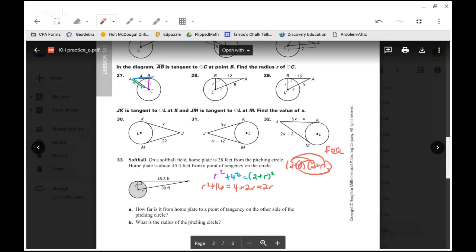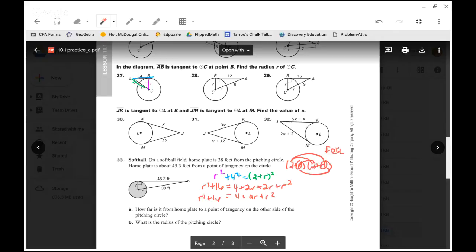And then last is these R's, so R times R is R squared. So now if we combine that, we have 4 plus 4R plus R squared equals R squared plus 16.